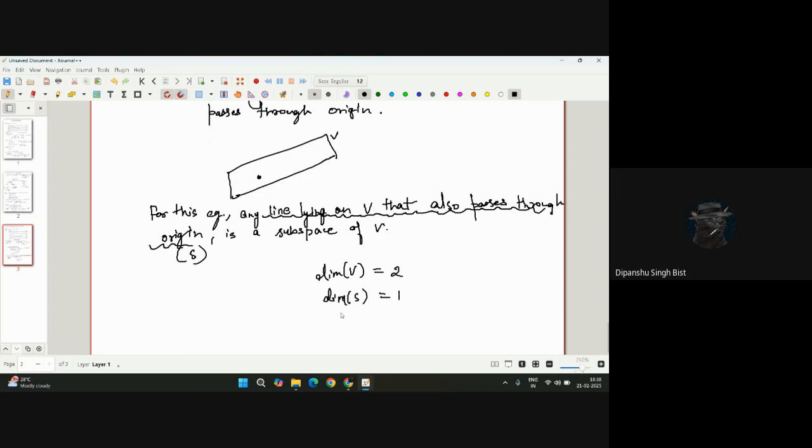So we have shown that there exists some subspace having dimension less than 2 and greater than or equal to 1.